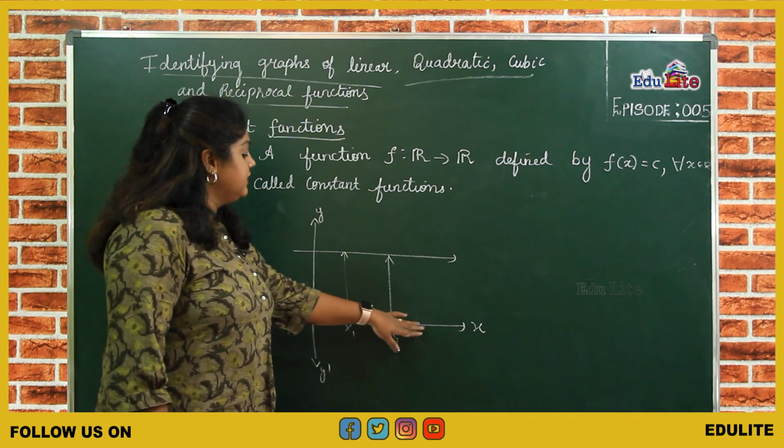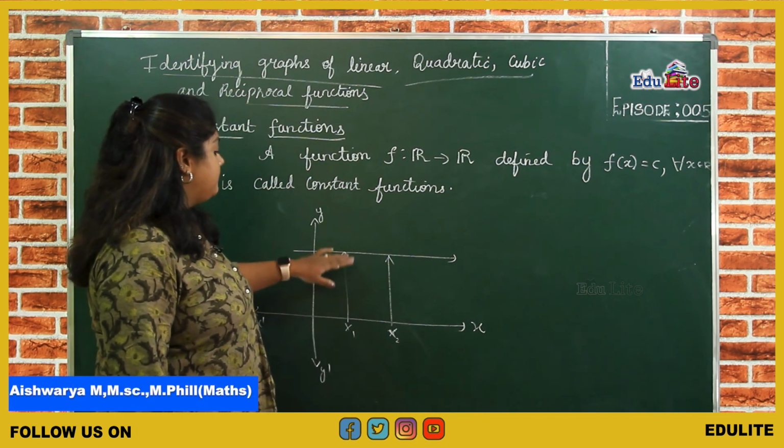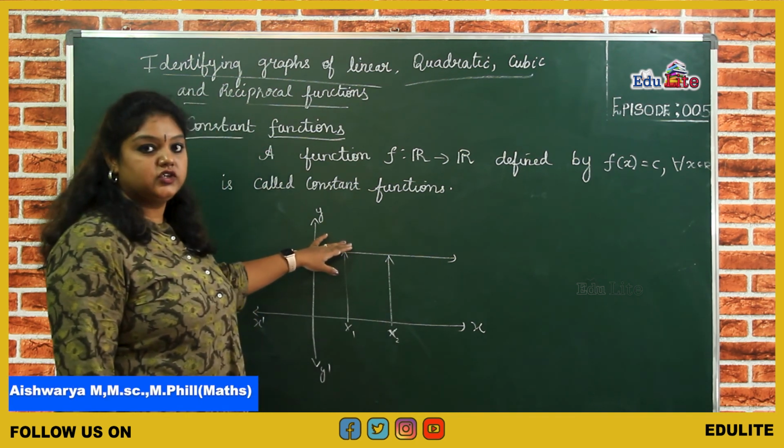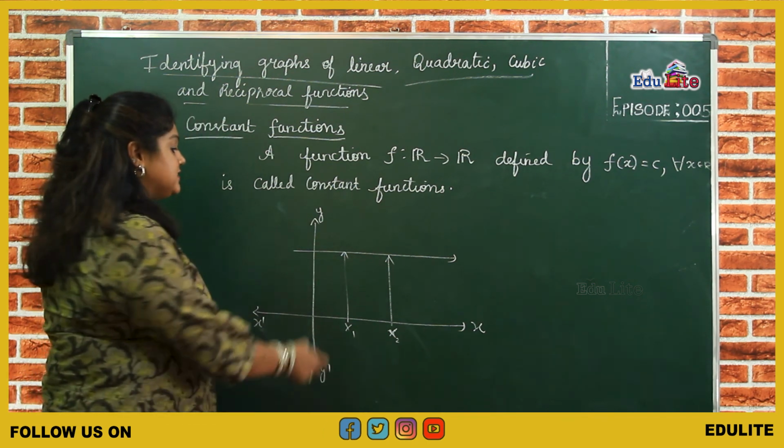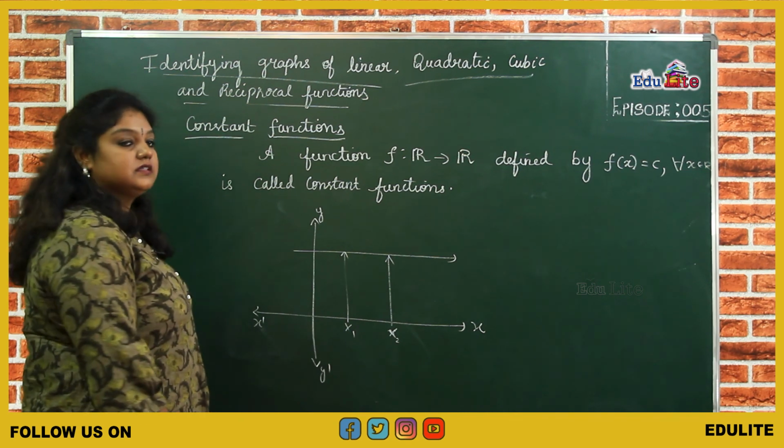All the elements in the set X will be mapped to the same image in Y. This is a constant function and this is the representation of the graph for constant functions.